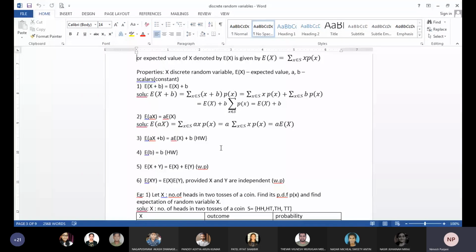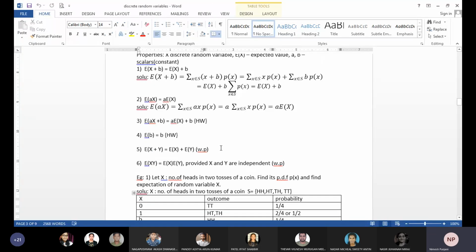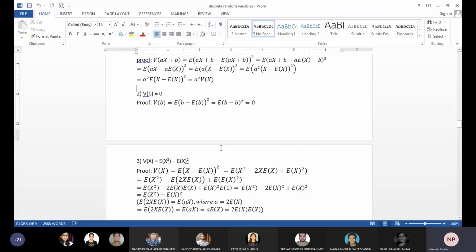The last property was that the expected value of the product of x and y is expected value of x into expected value of y, provided x and y both are independent. These were the 6 properties related to the expected value. Then we discussed the variance.